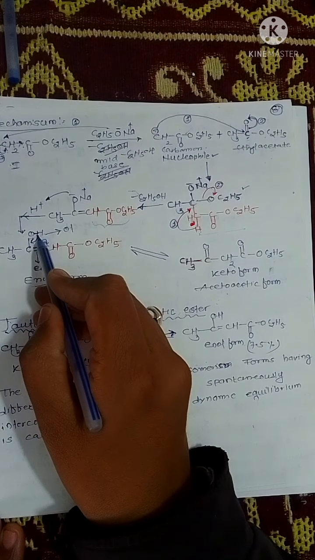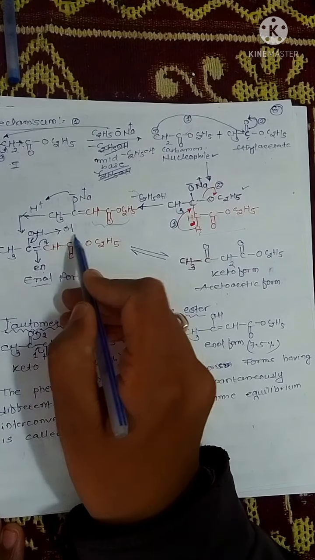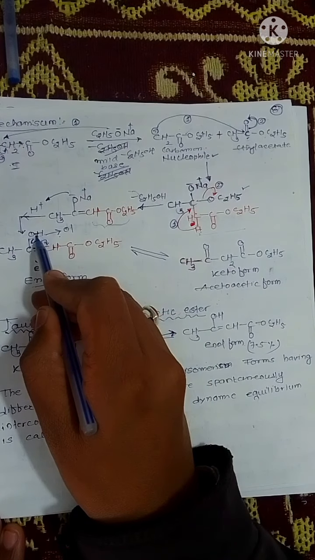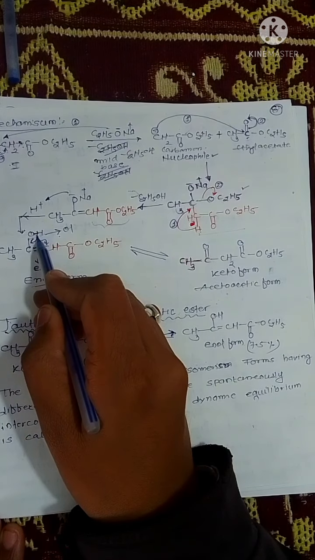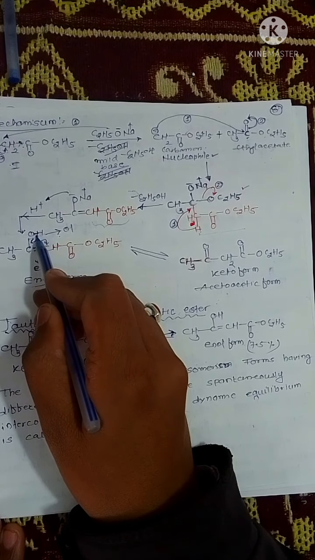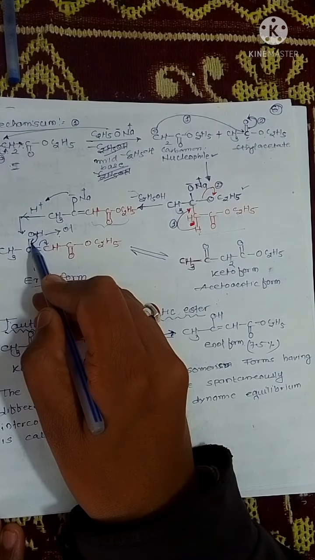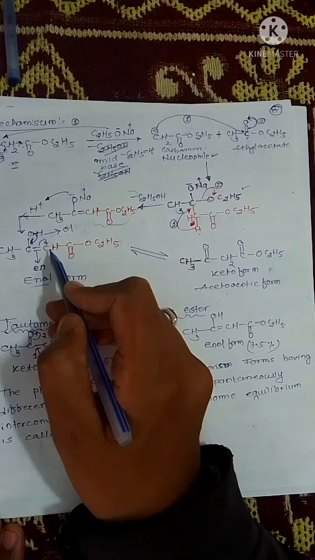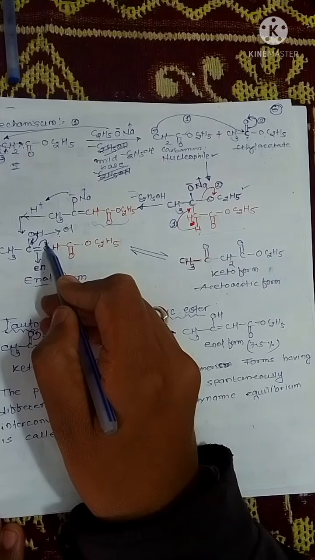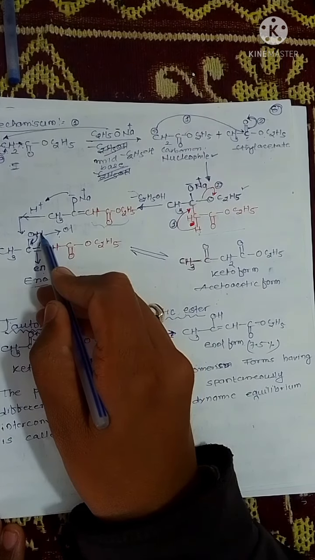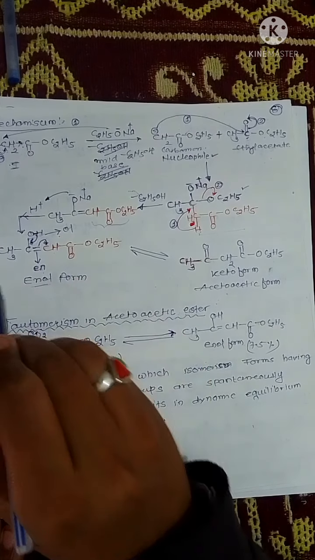Since it is an enol compound, we can easily write its keto form, or it undergoes keto-enol tautomerism. How? Just shift the hydrogen which is on your oxygen. So this bond shifts here and it is converted into C double bond O. This bond goes on this carbon, so this carbon is negative, so it takes this hydrogen on itself.